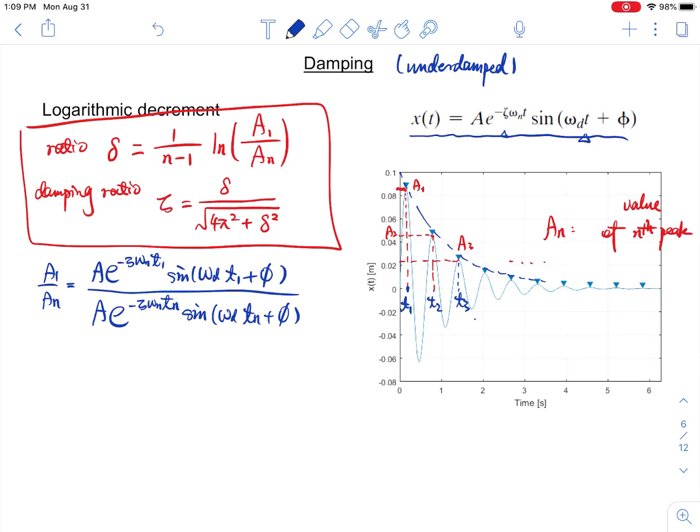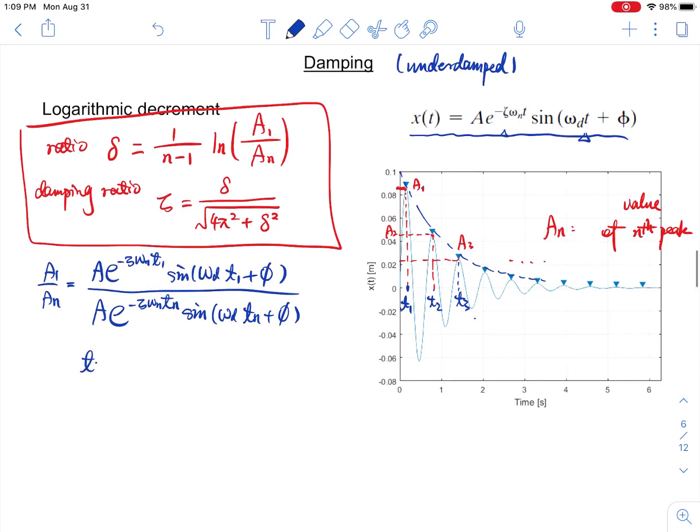You can mathematically prove that your Tn is just n minus 1 times T plus T1. Your T is the period of the sinusoidal function. I'm going to provide you a live script code on Blackboard showing how we prove these relationships.